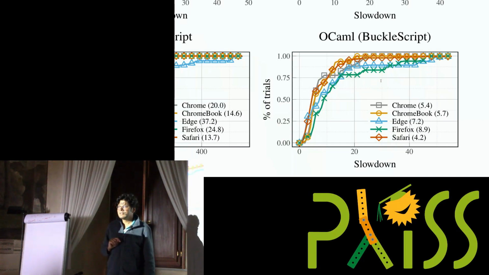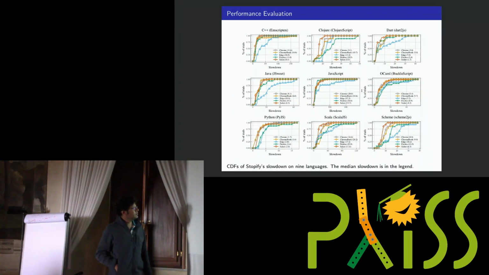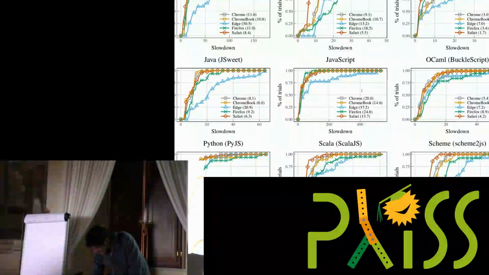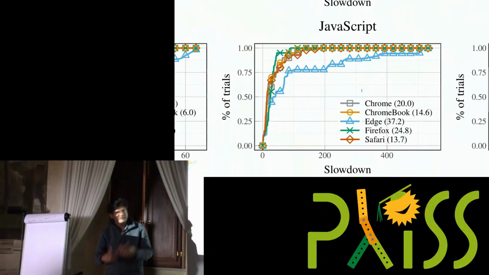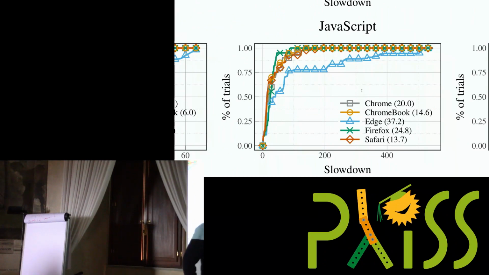I read the paper, and I concluded that JavaScript has the biggest slowdown. Oh yeah, it does, on all 9. Here are the mean slowdowns on JavaScript.